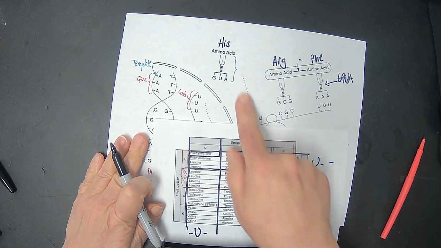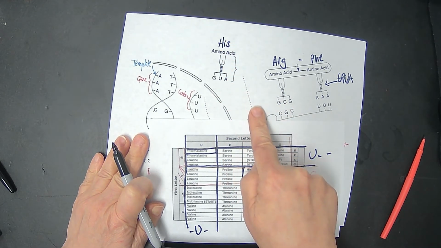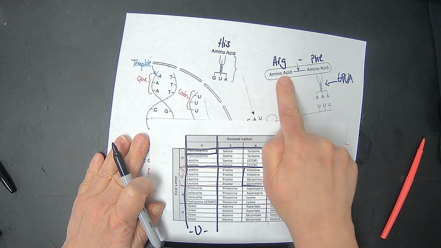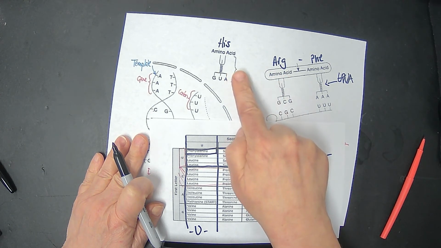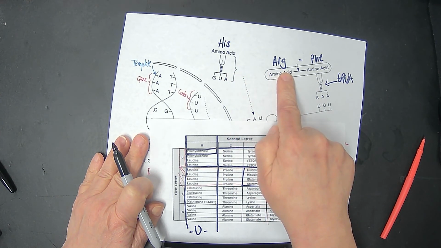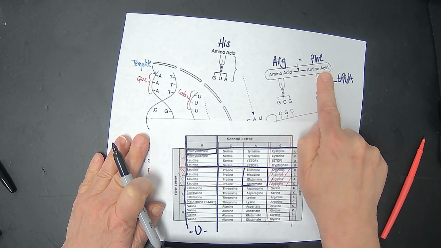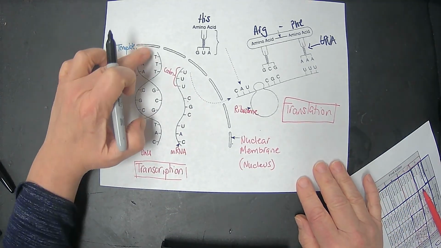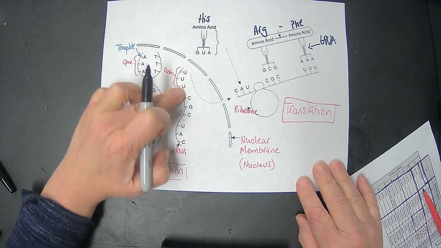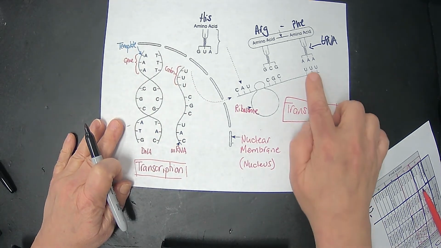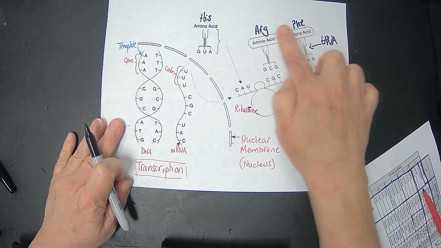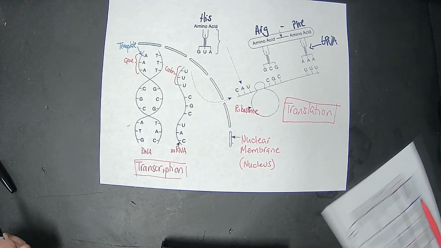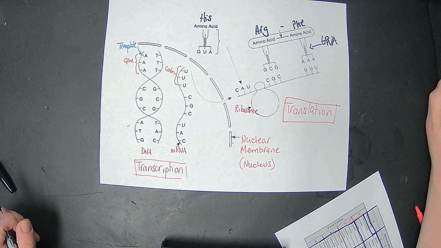So what's going to happen is histidine is going to come down, join there, and then it's going to join to this amino acid. And we'll end up with a chain of amino acid joined to an amino acid joined to an amino acid, which is our protein. So the sequence of genes controls the sequence of codons, and the sequence of codons controls the sequence of amino acids, and that is translation.